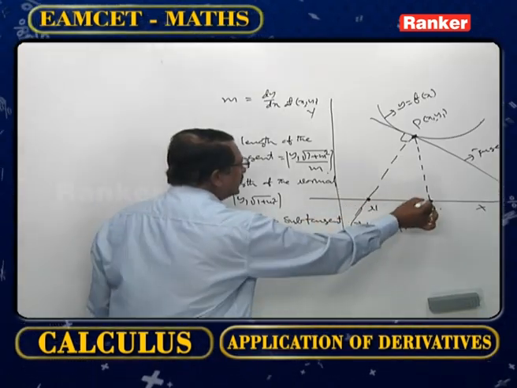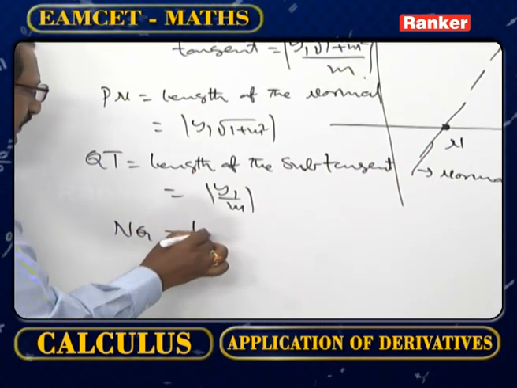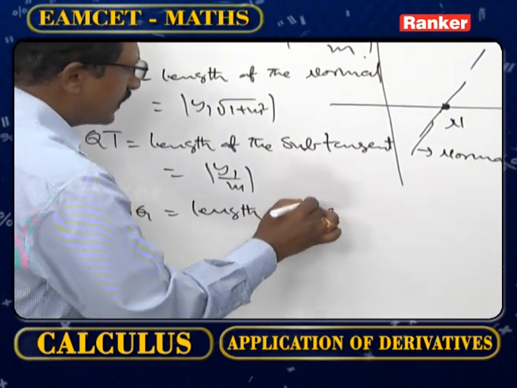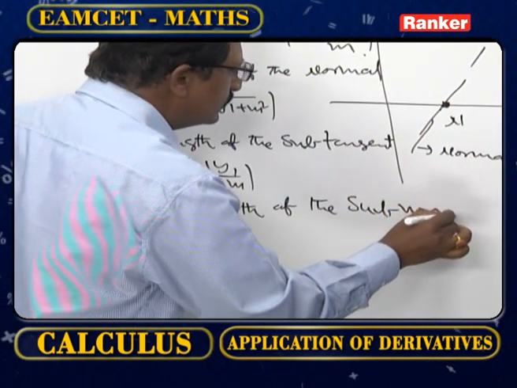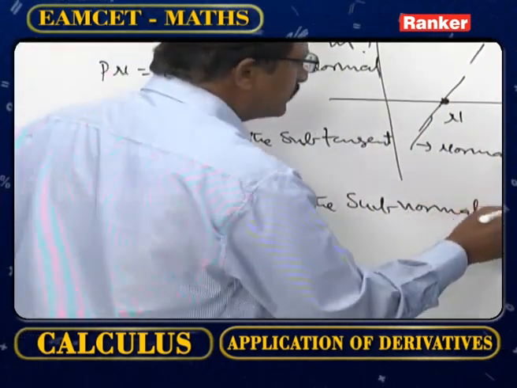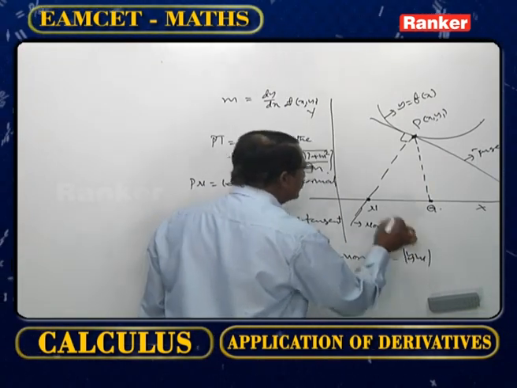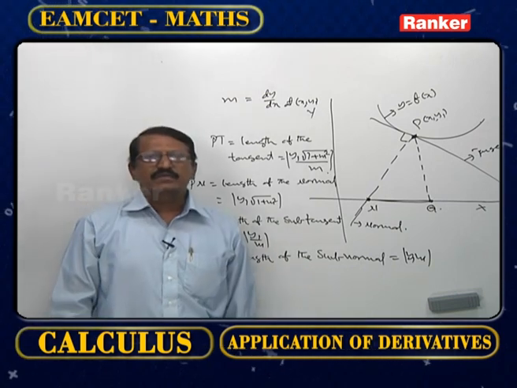Next, NQ is the length of the subnormal, which equals y1 m, in modulus.